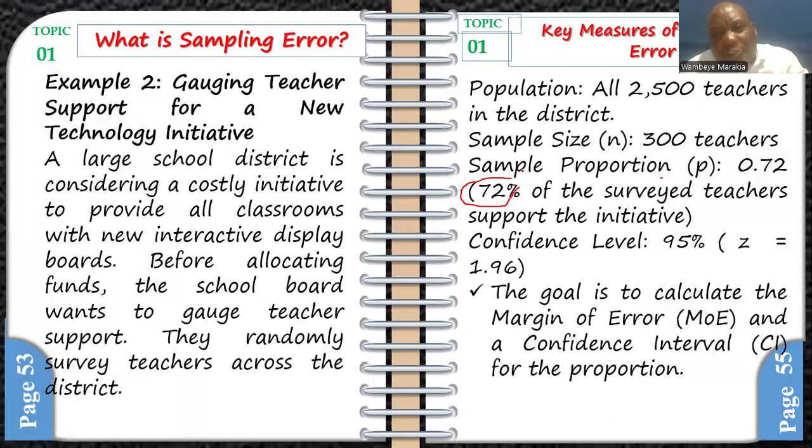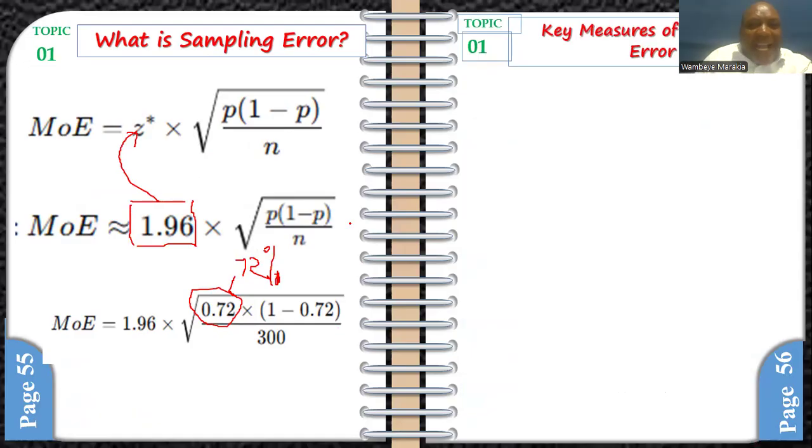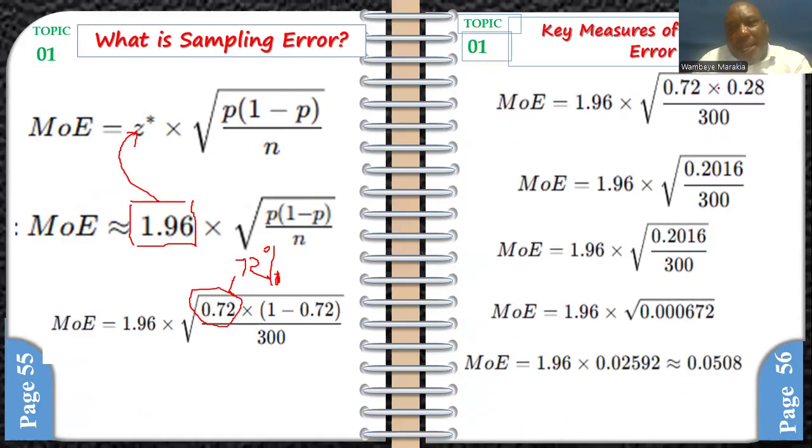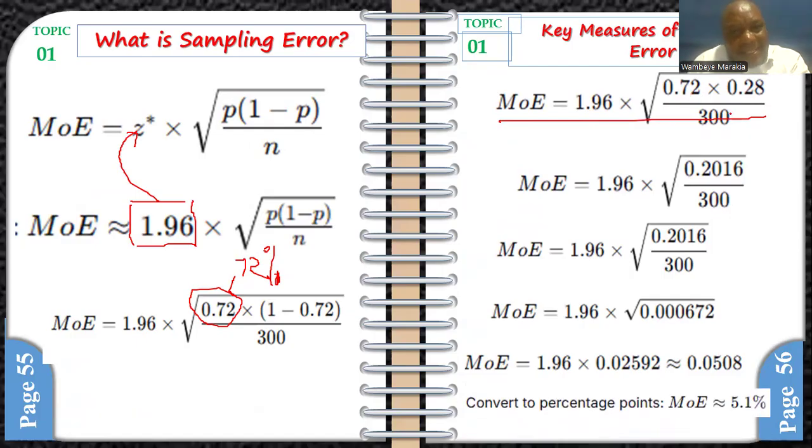So we convert it into a fraction, which is 0.72. Then, working this out, we take 1 minus P to get 0.28, so 0.72 times 0.28 over 300. 300 is our sample size.